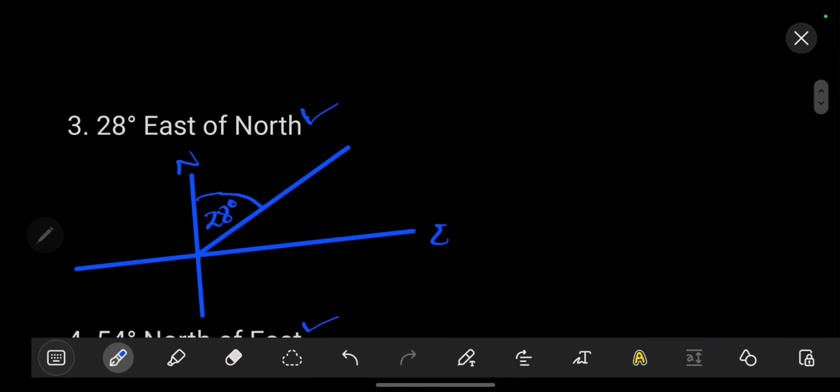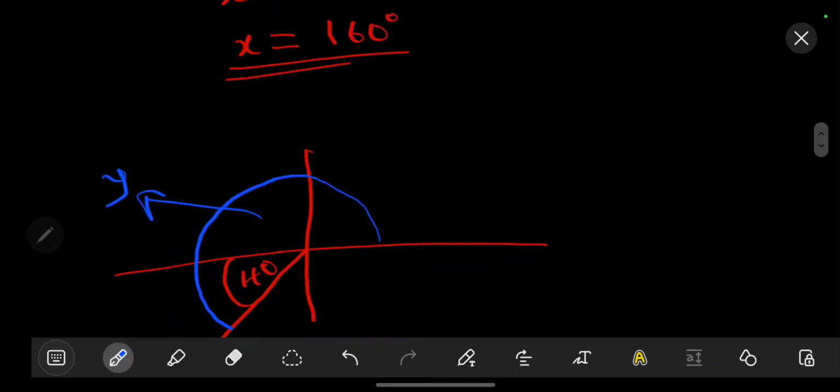Likewise, not forgetting the Pythagoras theorem, we remember that if you have a side that looks like this, we have such situations.